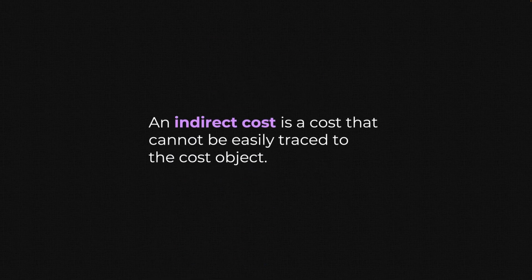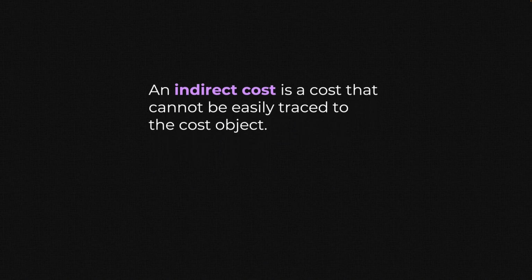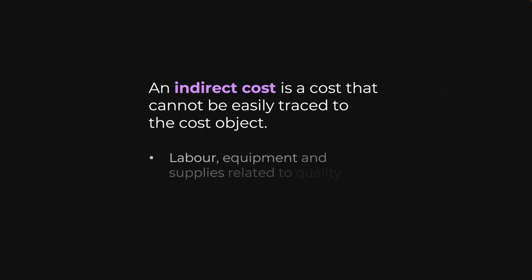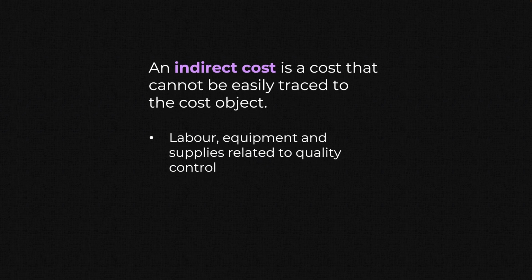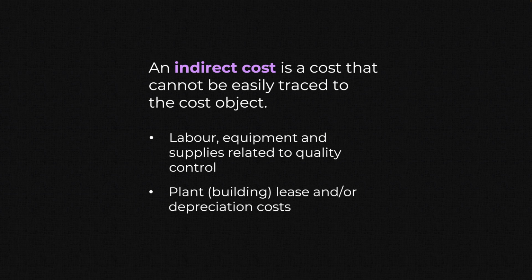So we are typically talking about indirect costs with respect to the manufacturing process. It's been a while since we've defined indirect costs, so let's quickly do that again. An indirect cost is a cost that cannot be easily traced to the cost object. A few examples: labor, equipment, and supplies related to quality control. Another example: plant or building lease and/or depreciation costs.